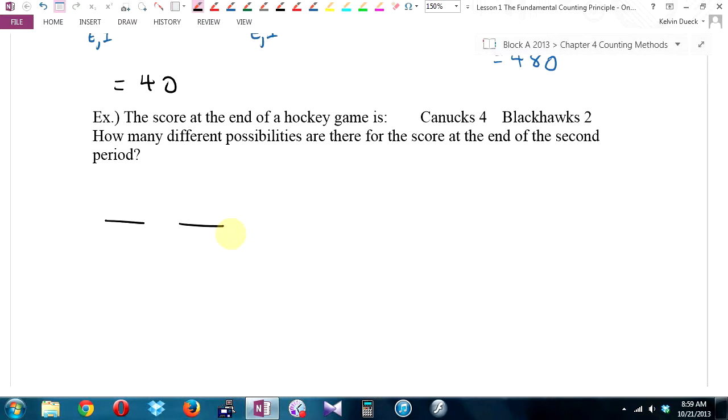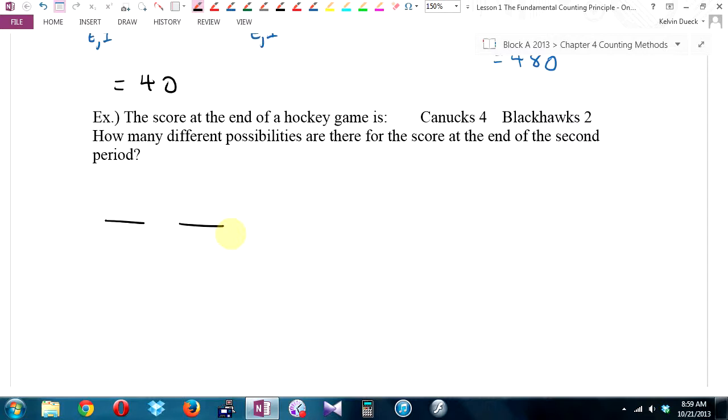What are the possible scores at the end of the second period, before the third, for the Canucks? How many goals could they possibly have? Four. What are they? Rattle off the examples. 1, 2, 3, 4. Why do I disagree? And 0. So it's not 4. How many choices are there actually for that first blank?